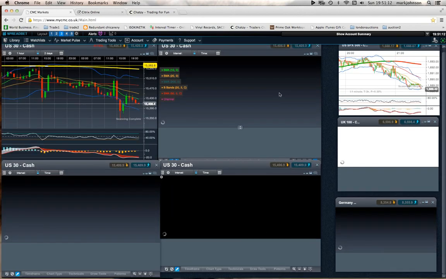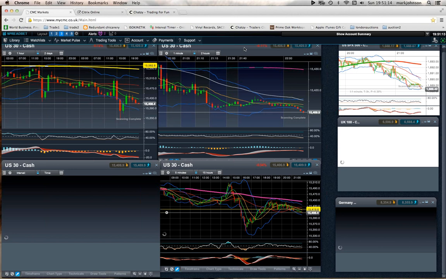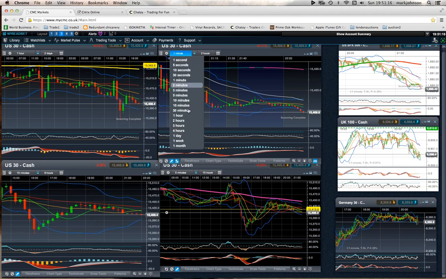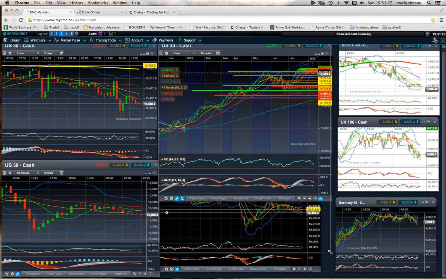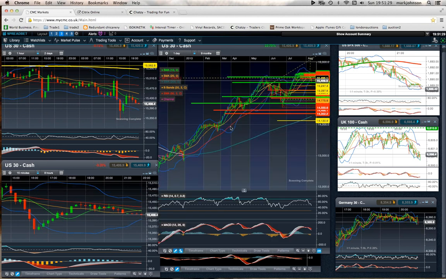So tomorrow during the day, this is my Dow chart. There's all the levels that I've got from last week, from last Monday. Here I've just done back last week.